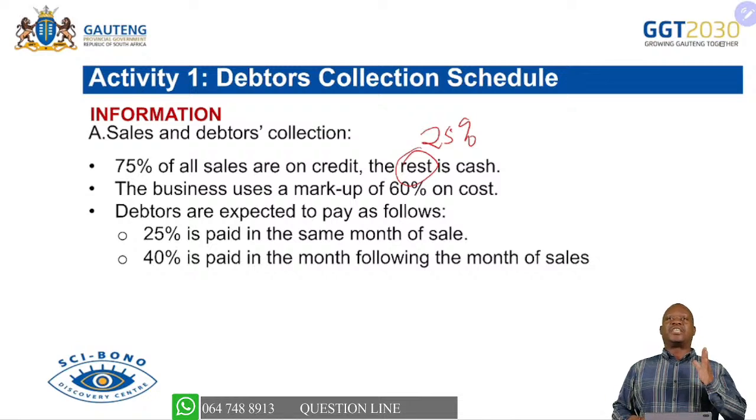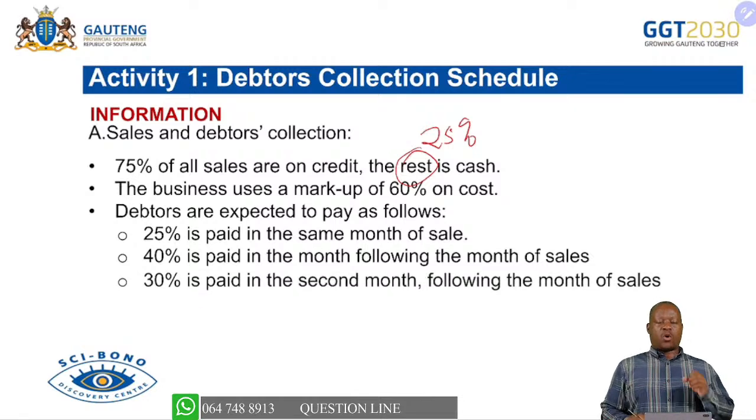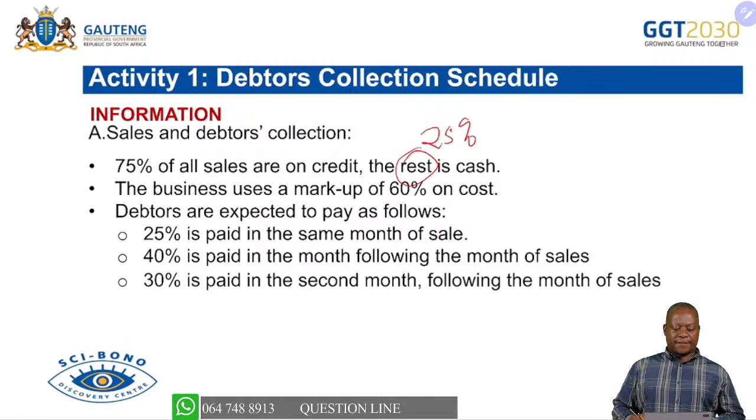So you sell in January, 25% is received in January and 40% in February. And then they are also saying 30% is paid in the second month following the month of sale. What does that mean?